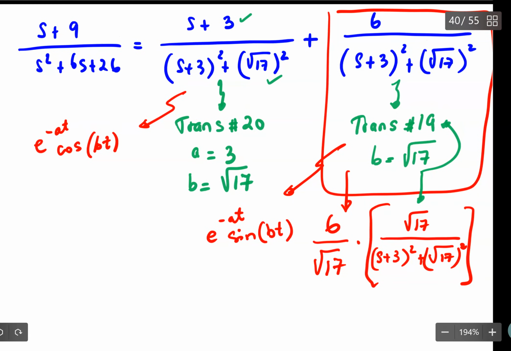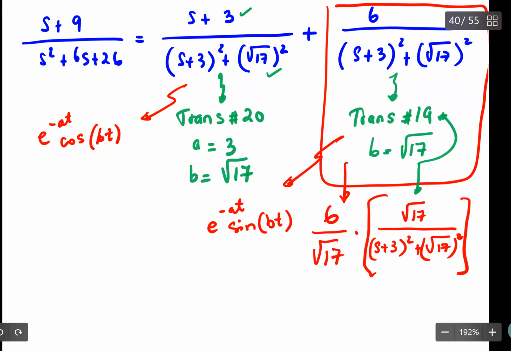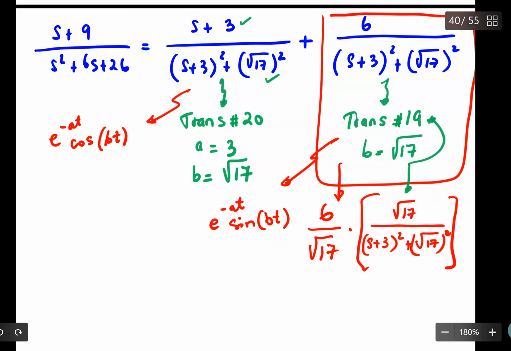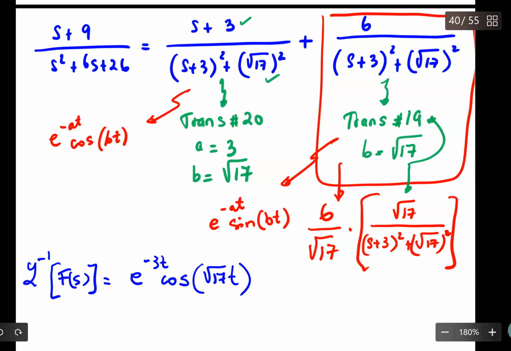So now at this point, we are ready to transform this into another function in terms of time. So I will write Laplace inverse of fs will be equal to e to the exponent negative 3t multiplied by cos of square root 17 times t as the argument.